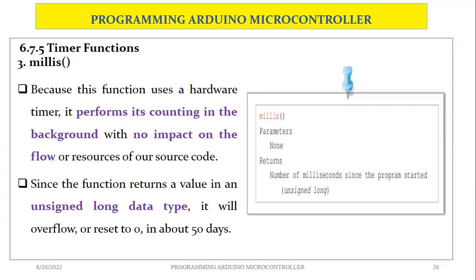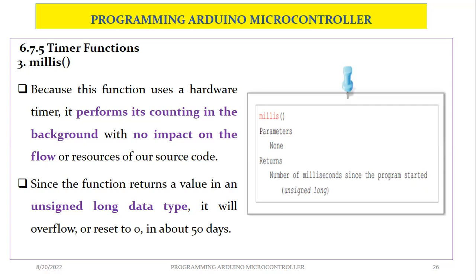And of course, as I mentioned earlier, being that it is using one of the hardware timers, it has got no impact on the flow of our program or other resources within the original program.